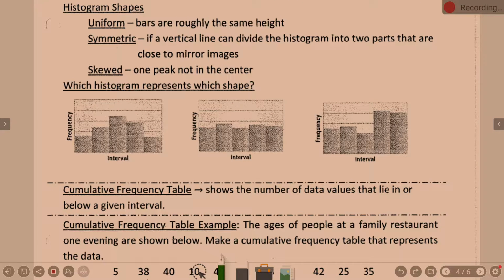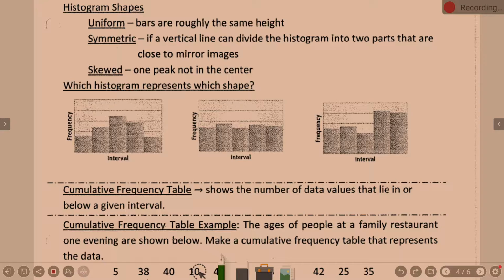Okay, top of the next page talks about histogram shapes. Okay, it just talks about the shape as you look at it as a whole. A uniform histogram has bars that are roughly all the same height. So that means each interval has about the same number of items in each category.